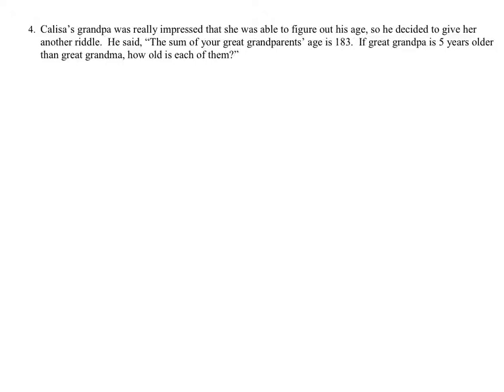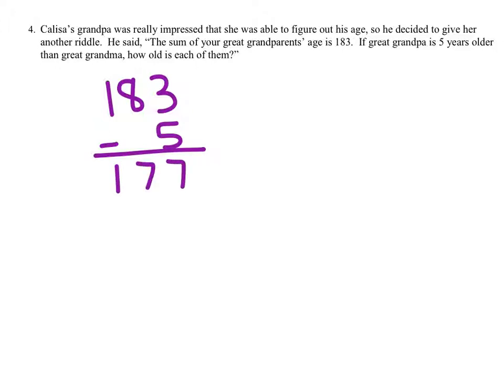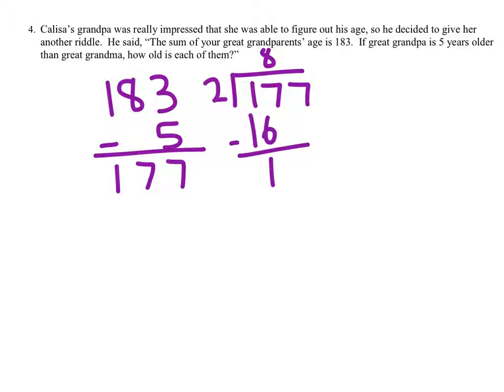Okay, so first what I did is I did 183 minus 5, and you get 177. And then what I did was 177 divided by 2, and you get 88.5, but then you have to round it, I'm pretty sure.